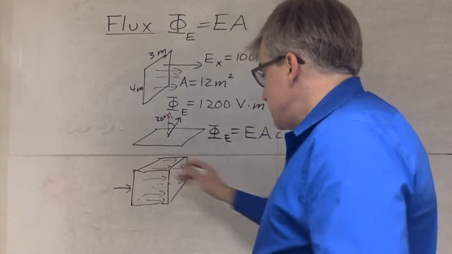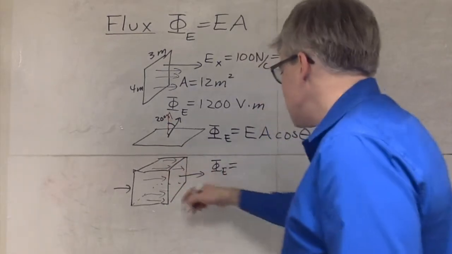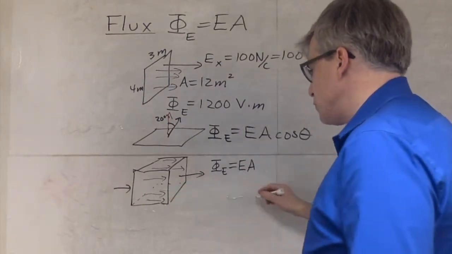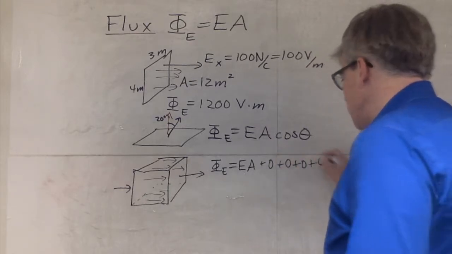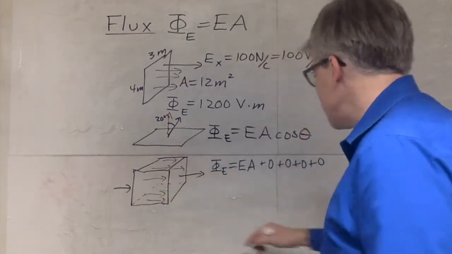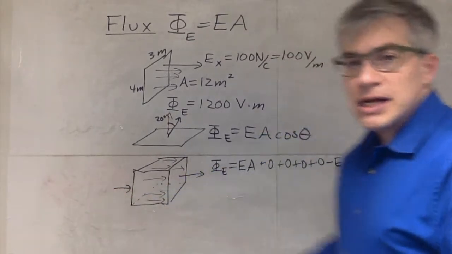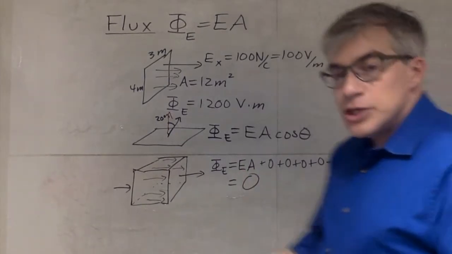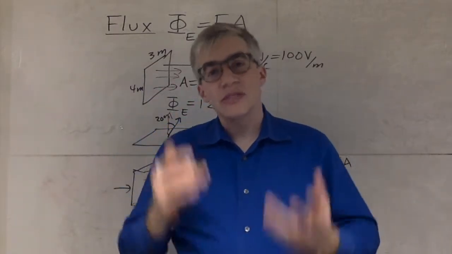So if these were these 6 faces, the electric flux would be, if they all have the same area, EA: you'd have positive EA for the right side, and 0, and 0, and 0, and 0 for the top and bottom and front and back, and negative EA for that side, and you would end up with 0. In a uniform electric field, the flux through a Gaussian surface is 0.